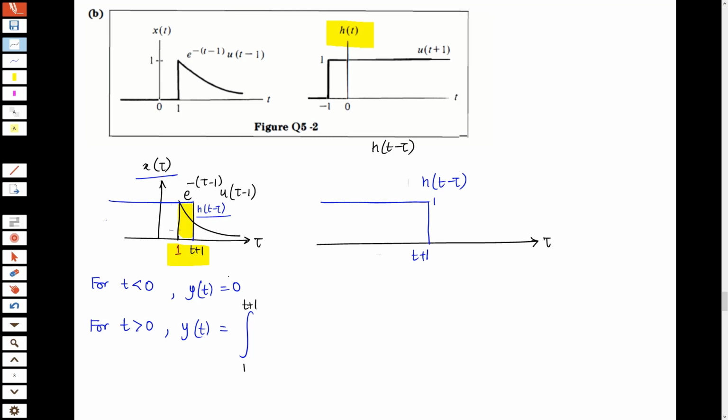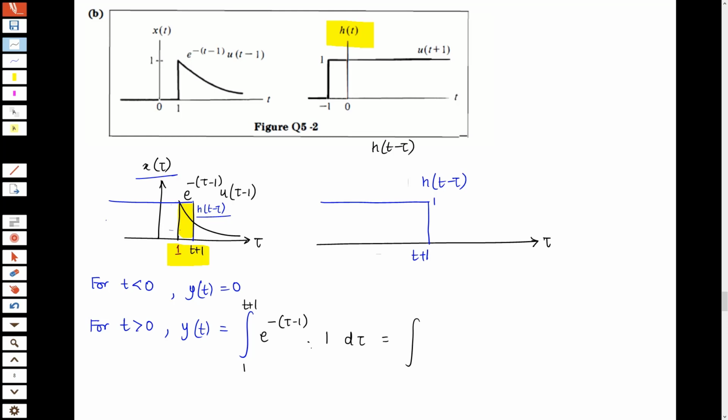And what are the two signals being multiplied? x(tau), and x(tau) is what? e to the power minus (tau minus 1). u(t minus 1) I can ignore, because its value is 1 only in this interval, multiplied by h(t minus tau), whose value is 1, d tau.